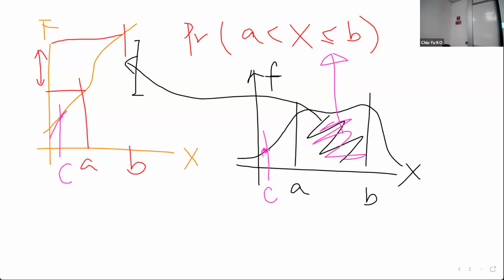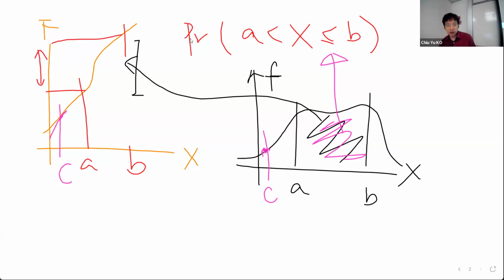The idea is that big F is well defined because it's the probability of being less than that number, and we want to transform it into the small f, which is the slope. You don't have to know how to transform, because f is given to you. The only thing you need to know is that the area under the curve is the probability. You don't need to know how big F comes from small f, but small f gives us the probability directly, by looking at the area.